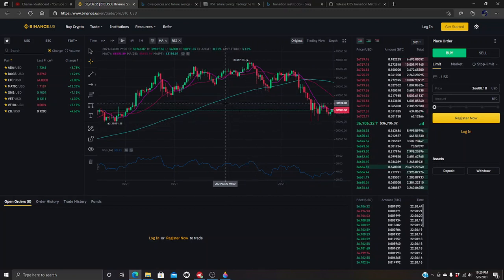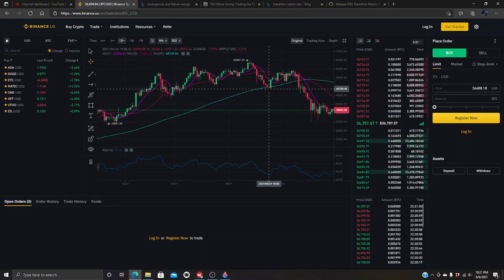Now, say you saw a divergence forming. Let's say you saw a bullish, which is the one we always like to see. Say you saw a bullish divergence happening right here. Okay, it's not happening, but let's just say it's happening right here, and you could time that, watching the divergence happen.